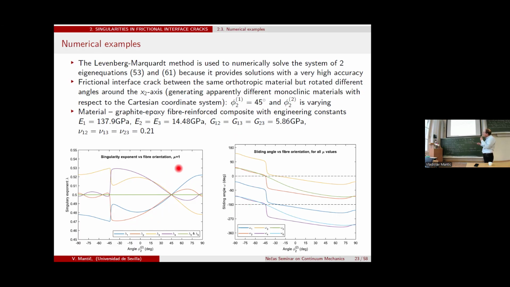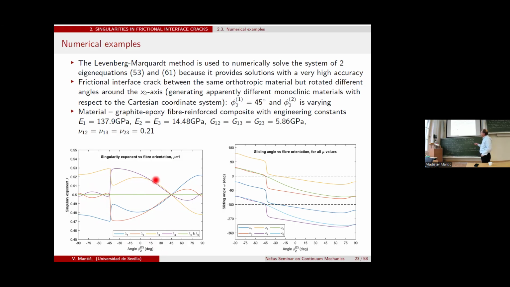We consider the friction coefficient equal to 1. So this is the angle P2, which gives the orientation or rotation of the bottom lamina, and the top lamina is fixed. This is 1/2, which basically corresponds to the classical singularity in cracks.